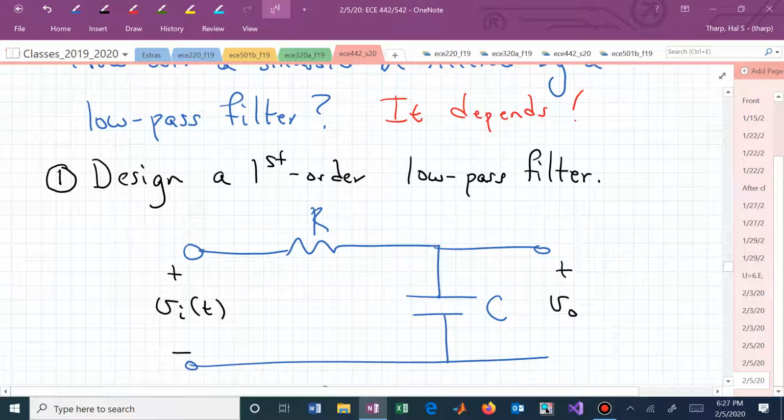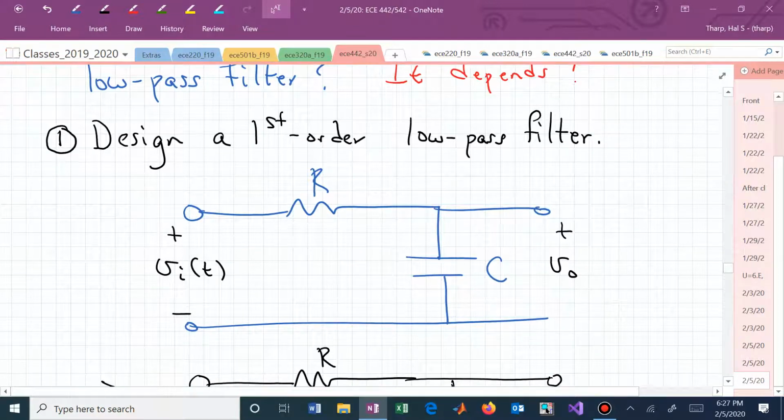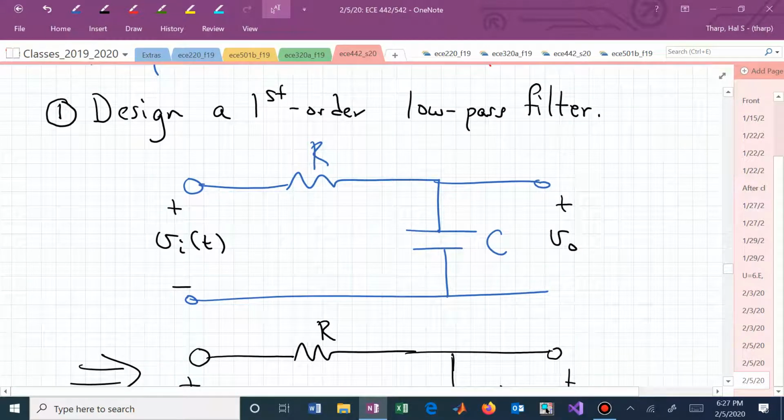But you should just be able to write this down in your sleep. You have a resistor and a capacitor, and you're exciting the two of those with your input, that's V sub I, and you're measuring the voltage across your capacitor. It's first order. Why is it first order? We have one energy storage device, and that's our capacitor.